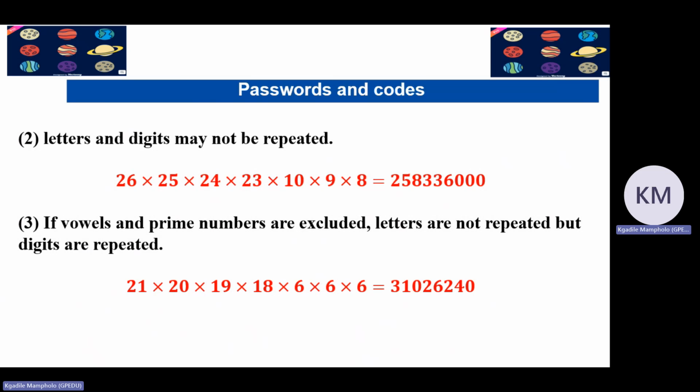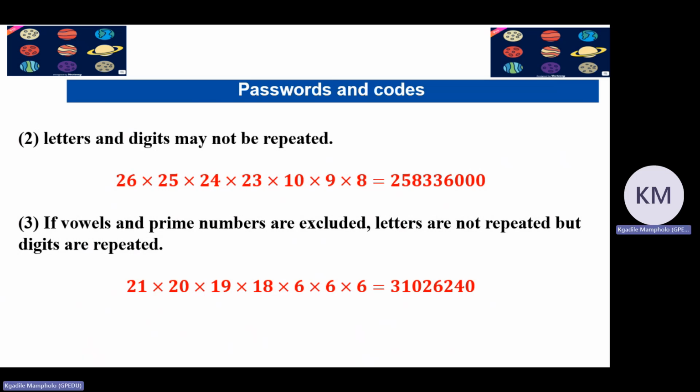The next one, letters and digits may not be repeated. So we still have 26 letters and 10 digits, but repetition is not allowed. When you choose the first letter, you choose out of 26. Second letter, you choose out of 25. Third letter, you choose out of 24. And then fourth letter, you choose out of 23.